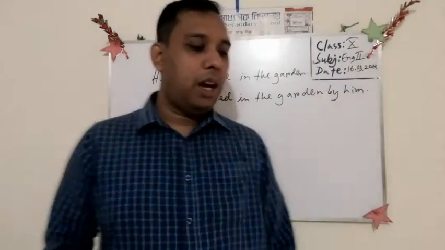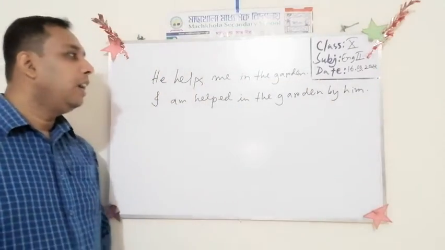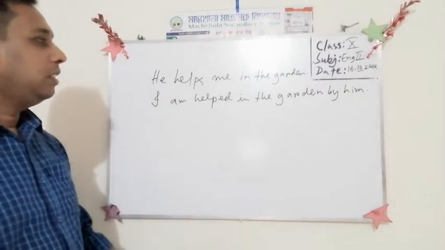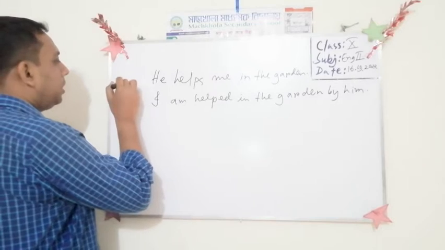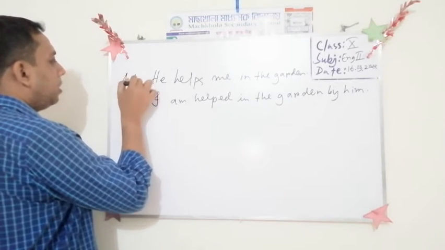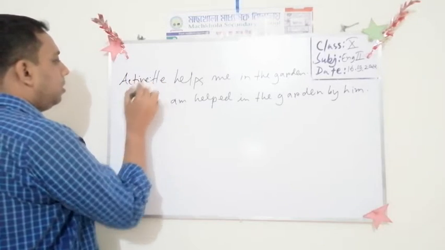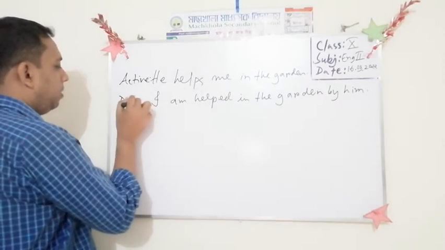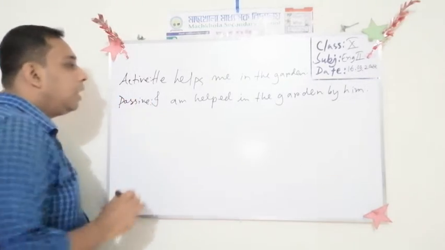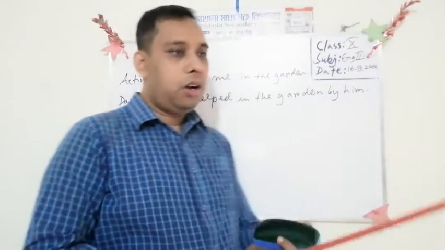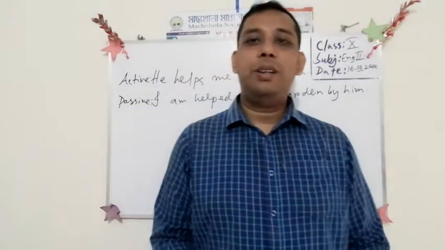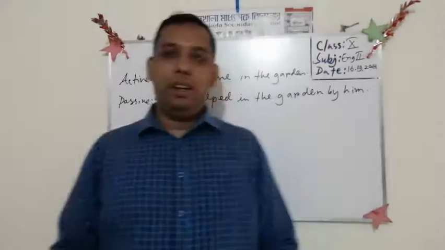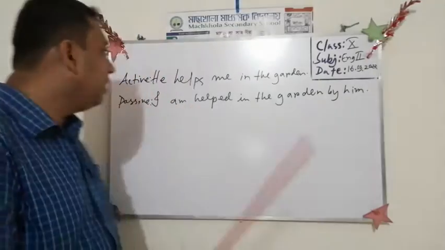I would like to ask you a question. This is active and this is passive. Can you guess which topic we are going to discuss today? So read the line.